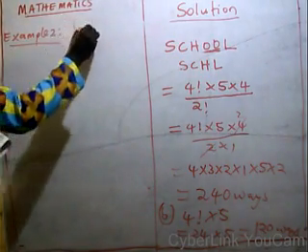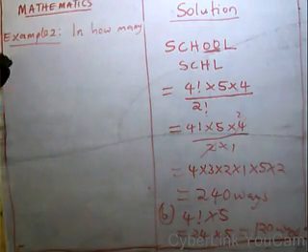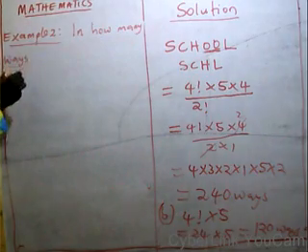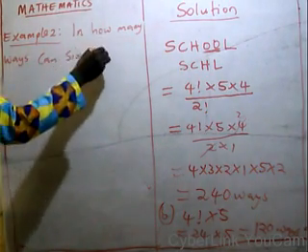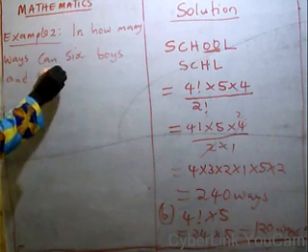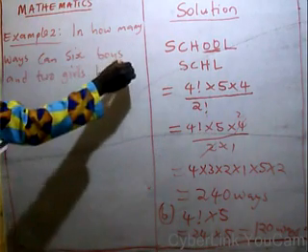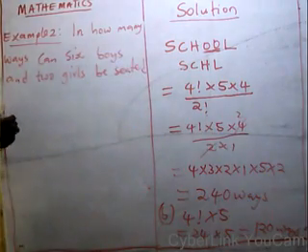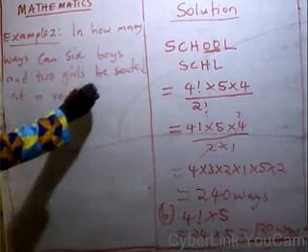We are told: in how many ways can 6 boys and 2 girls be seated at a round table?